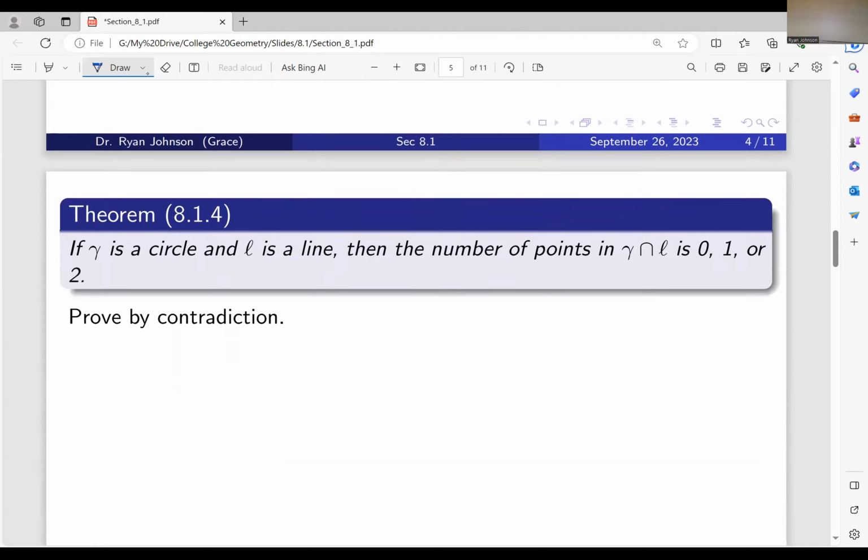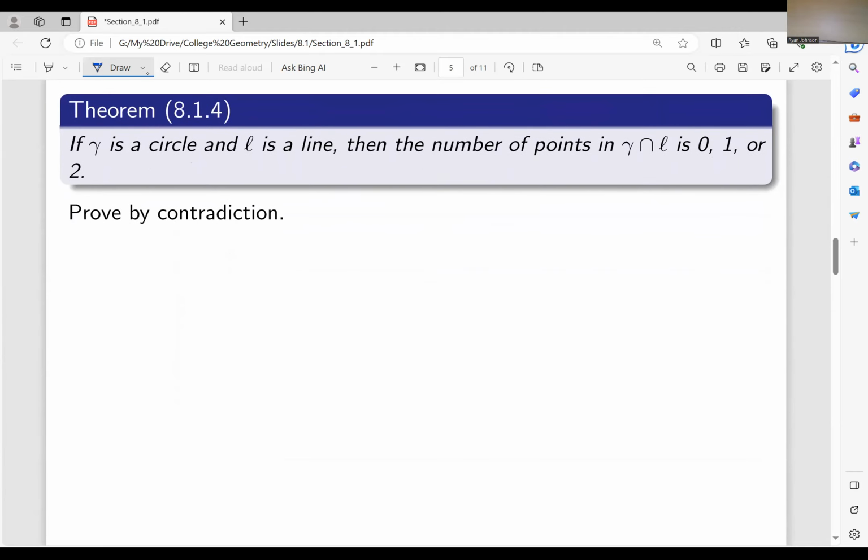Okay. Now, here's our first theorem of this section. If gamma is a circle and L is a line, then the number of points in gamma intersect L is 0, 1, or 2. The easiest way to prove this, since we have to prove three things, we could do it by cases, or it's much simpler to do a proof by contradiction.